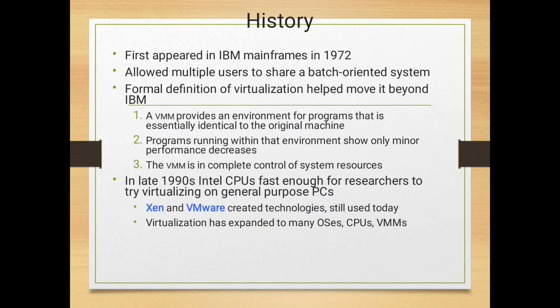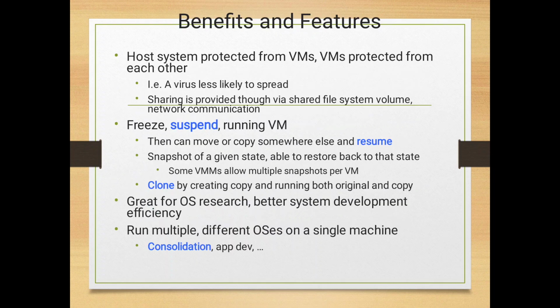In the late 1990s, Intel CPUs became fast enough for researchers to try virtualization on general purpose PCs. Examples are Xen and VMware, which created technologies. Virtualization has since extended to many operating systems and CPUs.